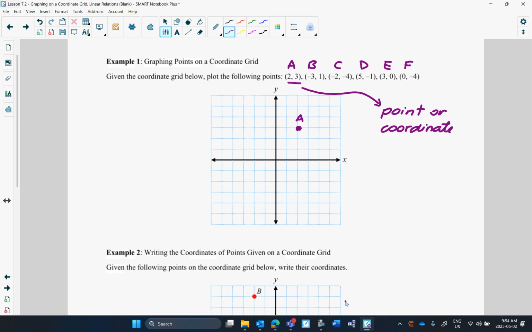So let's try the second one. Start at my reference point. Where do I go first? 3 to the left, and then 1 up. So I'm here. That's B. Start again. 2 to the left, and then you go 4 down. That's here.